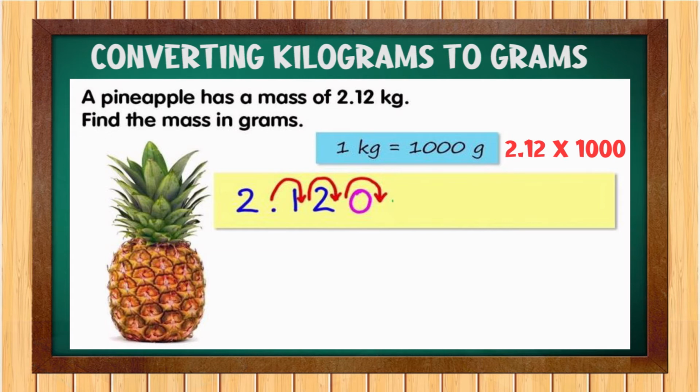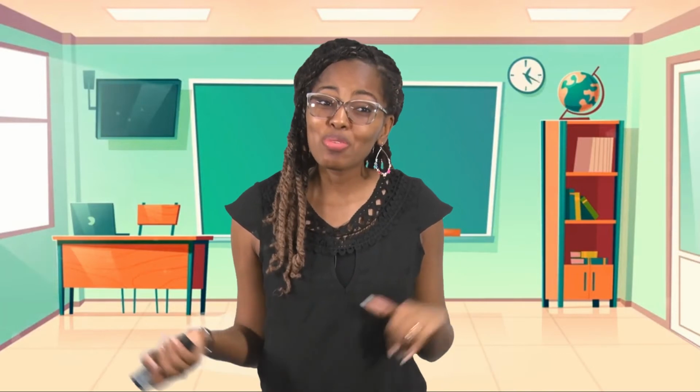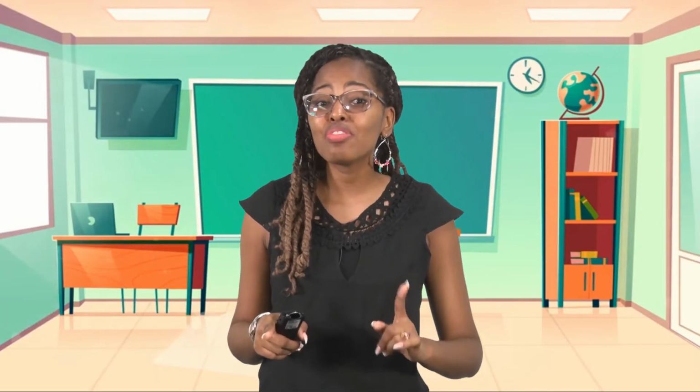So right now the point is between 2 and 1. So we're going to move it 1 place, 2 places, 3 places. Therefore, 2.12 kilograms is equivalent to 2,120 grams.